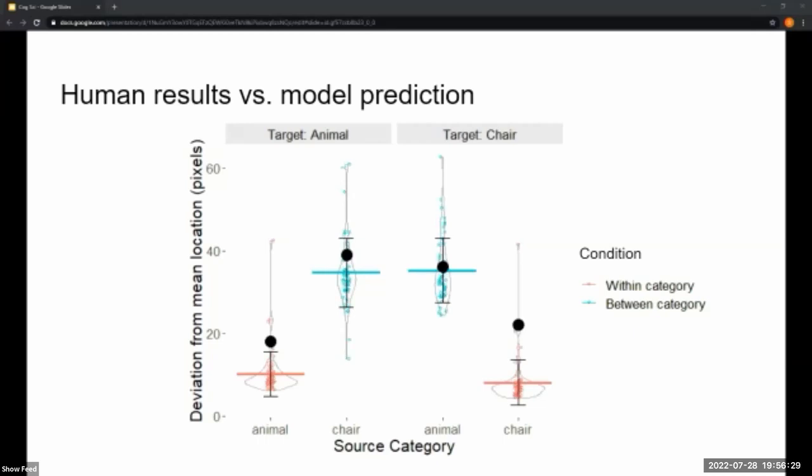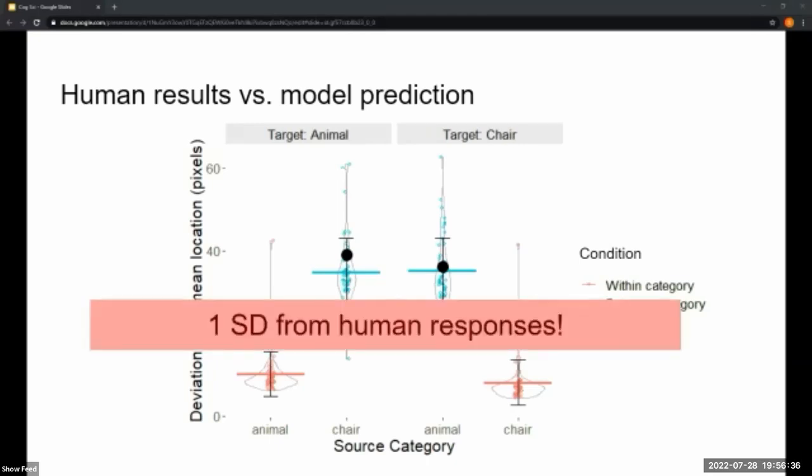The black dots are model predictions. Basically, the model prediction is within about 1 standard deviation of human responses, even in difficult cases like the between category condition.